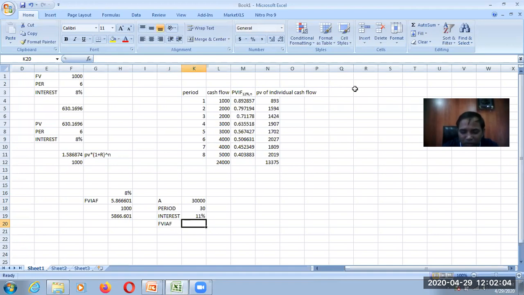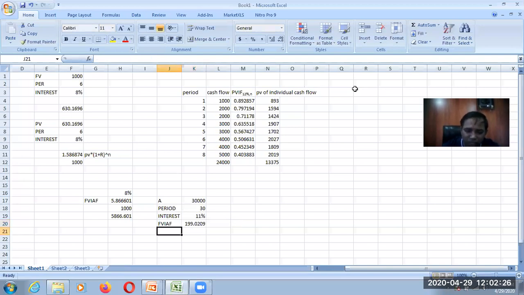The interest annuity factor's formula is, if you can recall it along with me, (1 plus R) raised to periods, that is n, minus 1, divided by the interest rate.